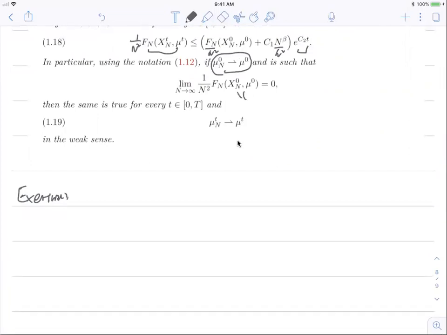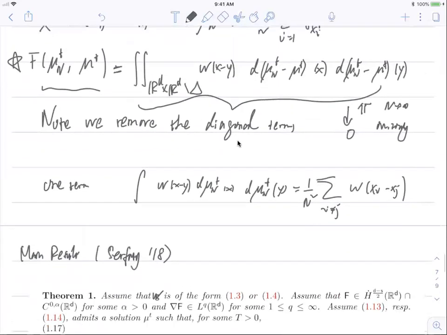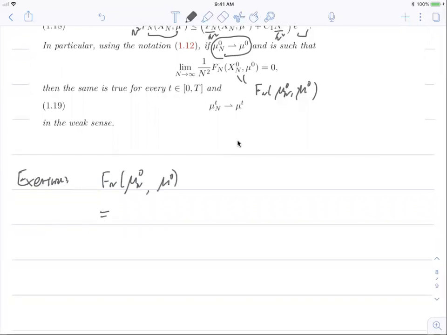So here, let's say this equals Fn(mu_n, mu_0). It's just a quantity I defined here. They call this result Fn(mu_n^0, mu^0) equals the integral over x not equal to y, so it's the integral of diagonal things.